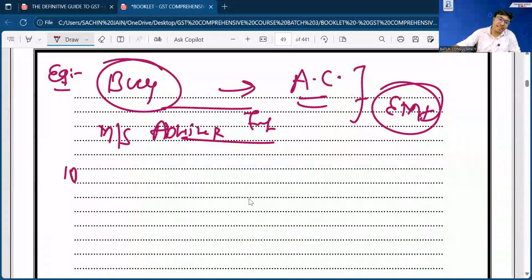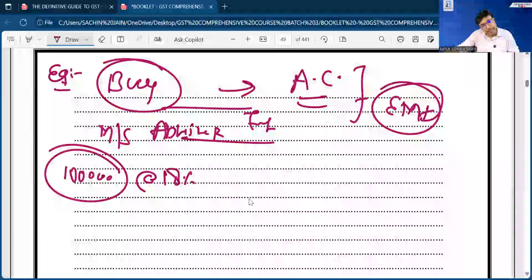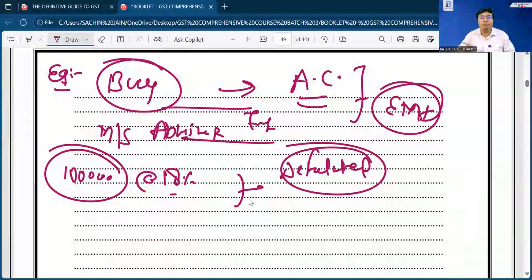Suppose the AC price is 1 lakh rupees and GST is at the rate of 18%. Abhishek Enterprises is saying that they will arrange EMI facilities for you. So the monthly installment is 5,000 rupees. Now, after 2 months, I have defaulted in payment of one installment to Messrs.